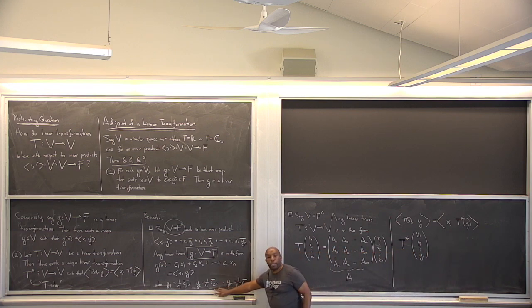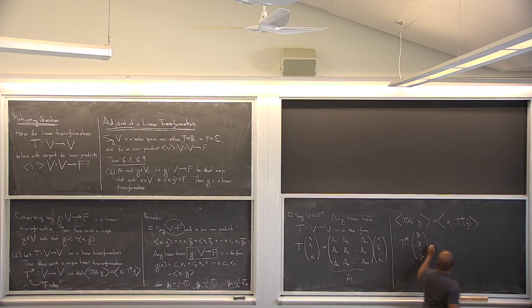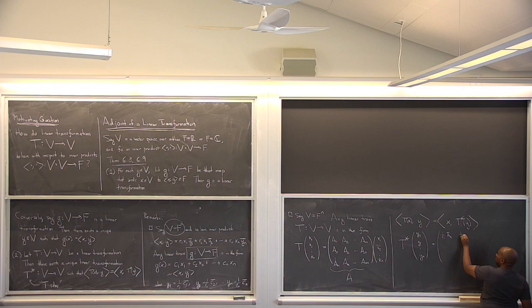But now I have to do a trick that looks something like this. And here what will happen is I'll have a 1 over r1, a11 conjugate, 1 over r2, a21 conjugate. Sorry, it should be 1 over r1, an1 conjugate, and so on, up to 1 over rn, a1n conjugate, 1 over rn, a2n conjugate, 1 over rn, ann conjugate.